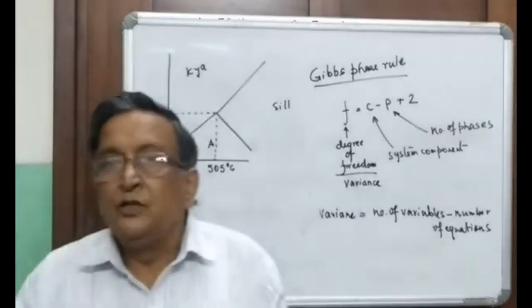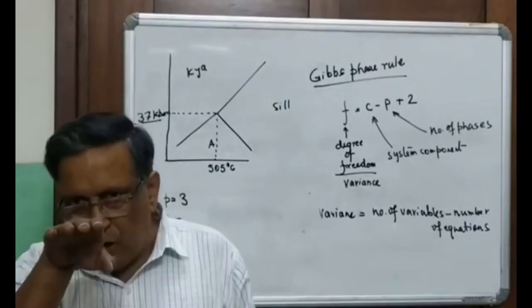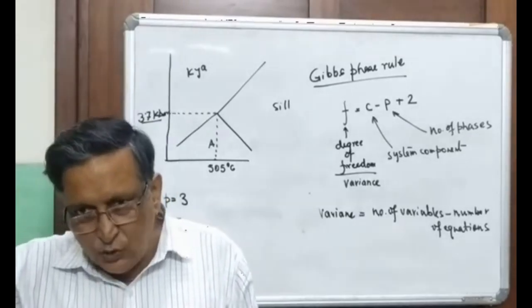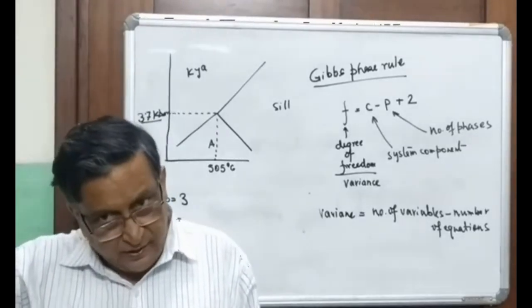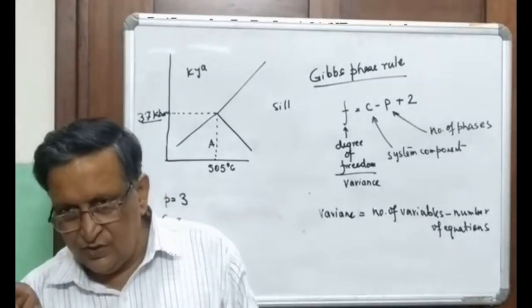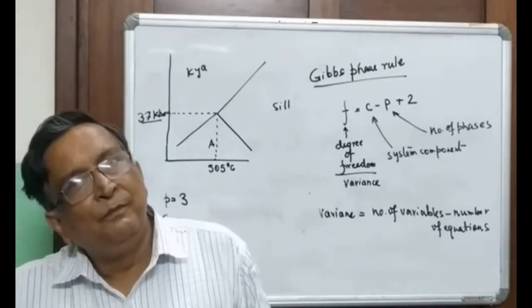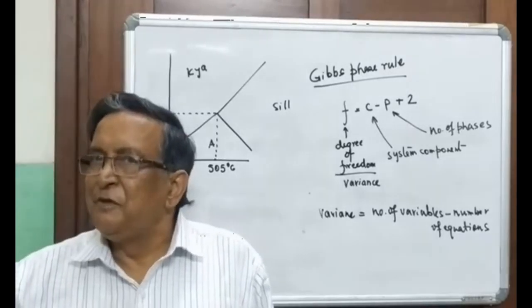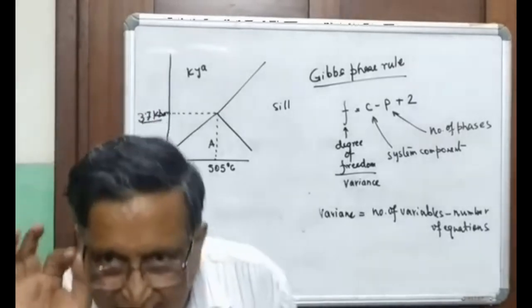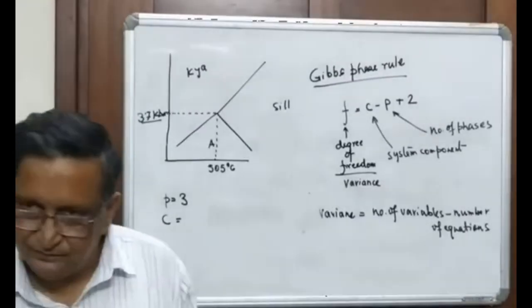So there are two questions. What is the variance of the triple point where kyanite, sillimanite and andalusite coexist? Is one question. And the other question is, what is the variance of the triple point in the Al2SiO5 phase diagram? Same question. But in the first question, he does not specify Al2SiO5. He does not let out the composition.